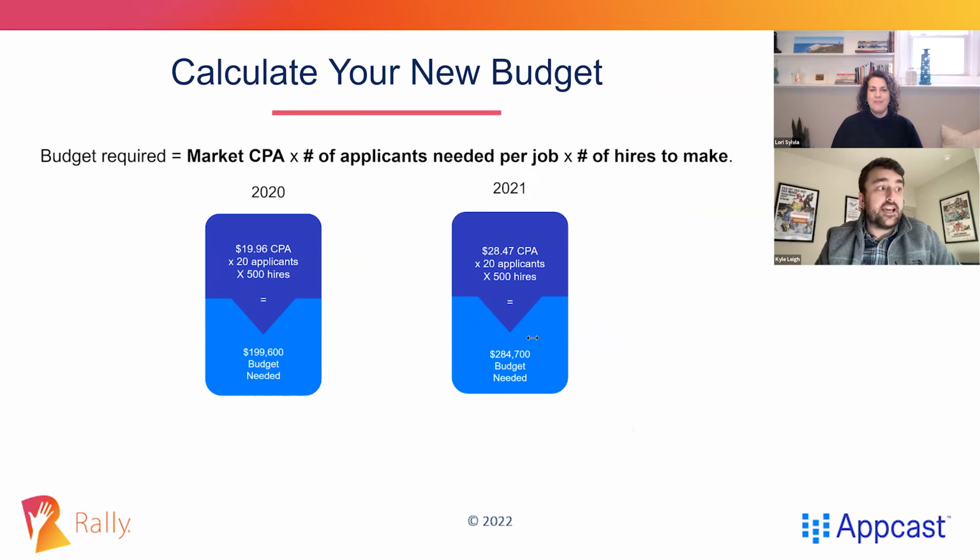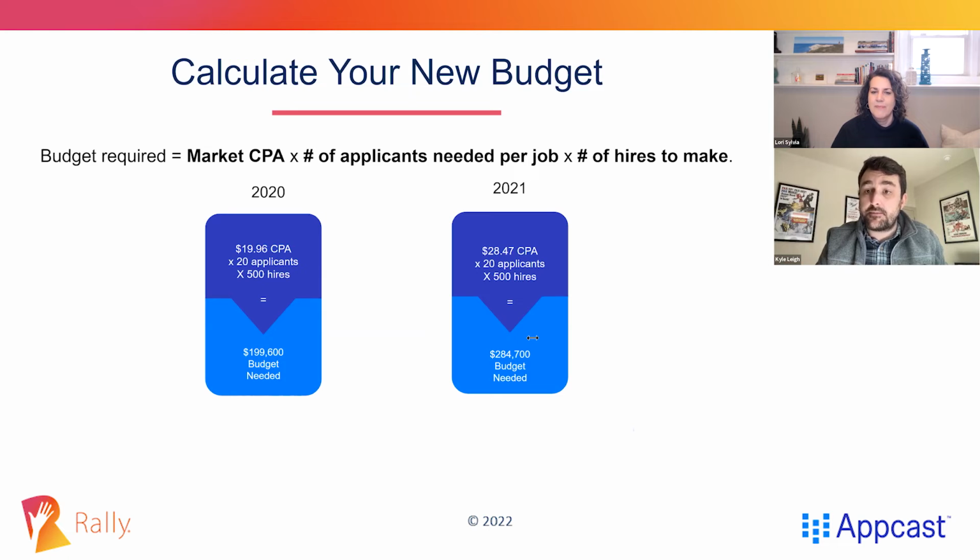So what we're looking at here is, once you have a baseline of your KPIs, if you didn't change anything in terms of trying to get more candidates to convert, just the change in cost per apply alone, CPA alone, would affect your budget. Now we're assuming that each hire requires 20 applicants.